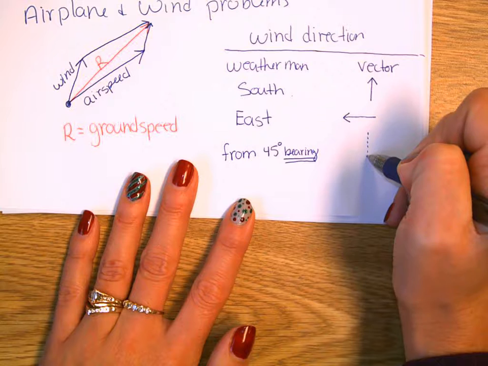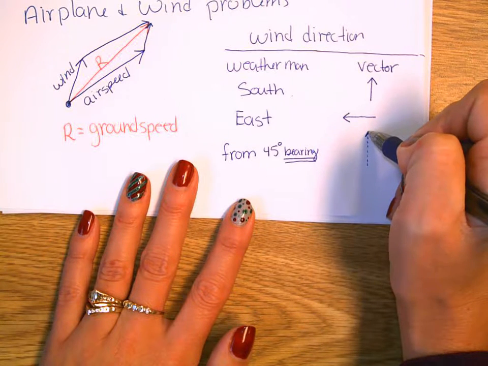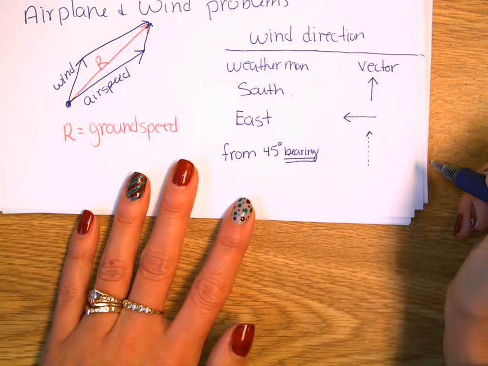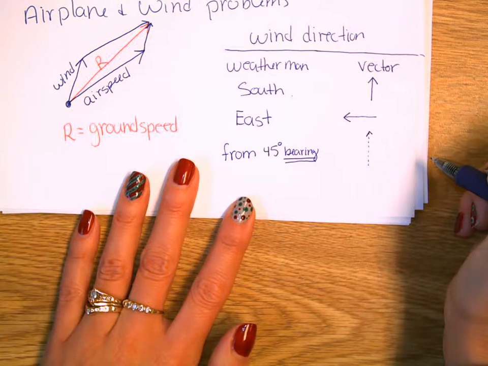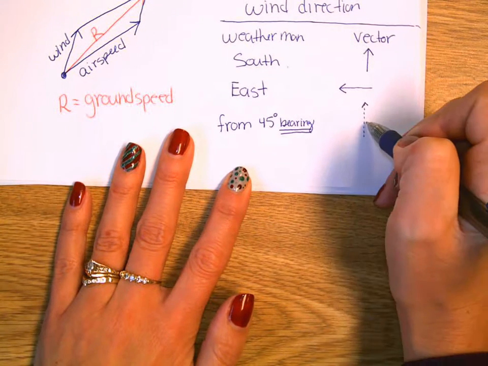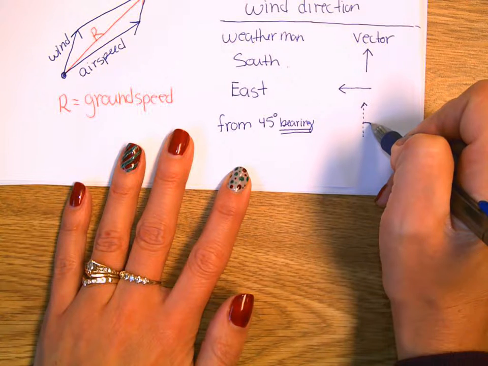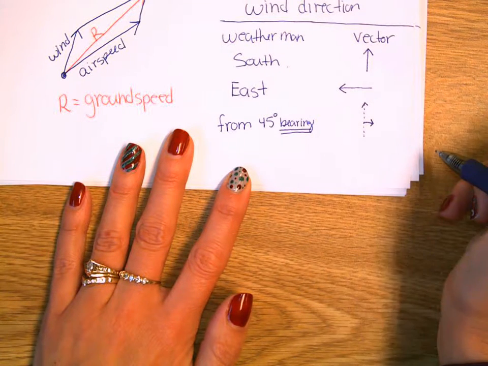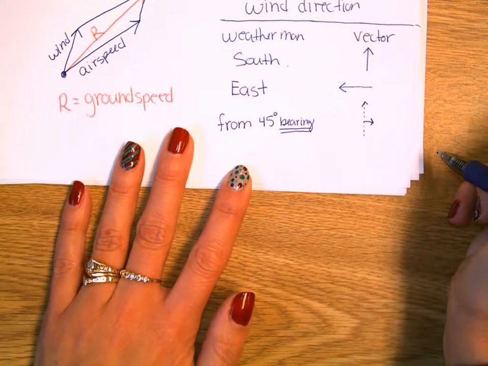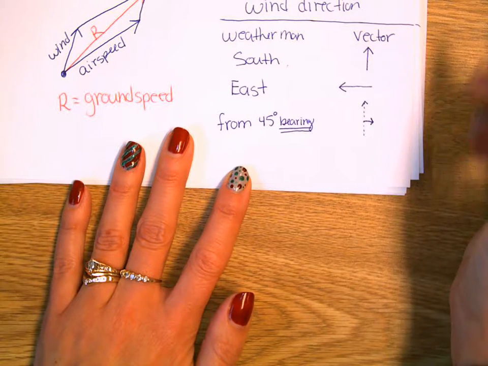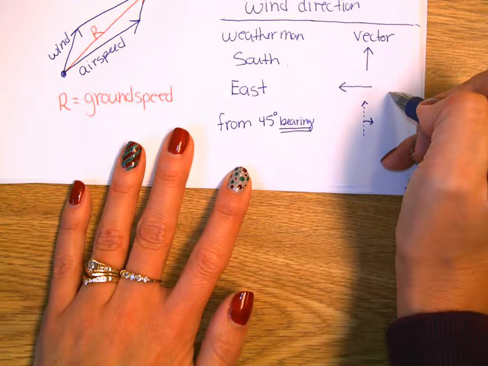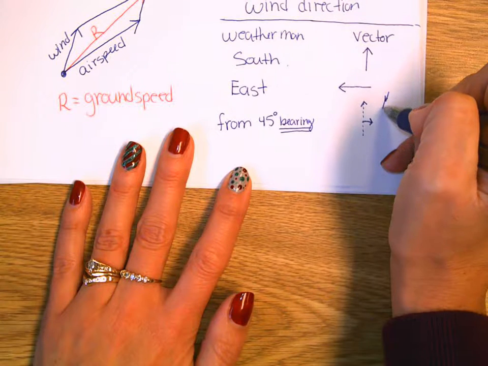Need a dotted line north for bearings. Then it's clockwise, 45 degrees. So what he is telling me is this wind is blowing in from that direction. So here's my wind.